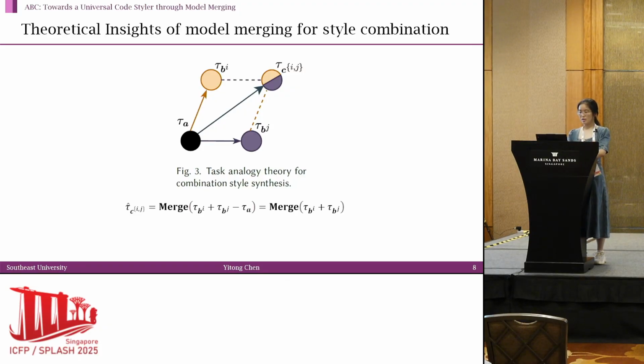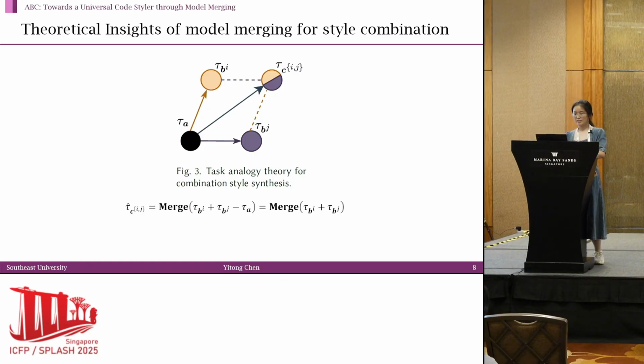We can construct the true style combination vector tau Cij equal merge tau Bi plus tau Bj minus tau A. And this is because the four styles A, Bi, Bj, and Cij satisfy the analogous relationship of style vectors, Cij equal Bi plus Bj minus A.